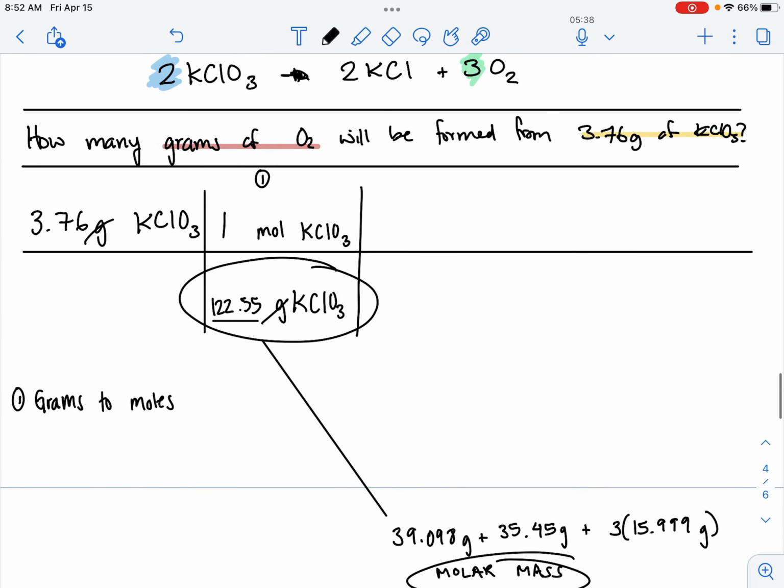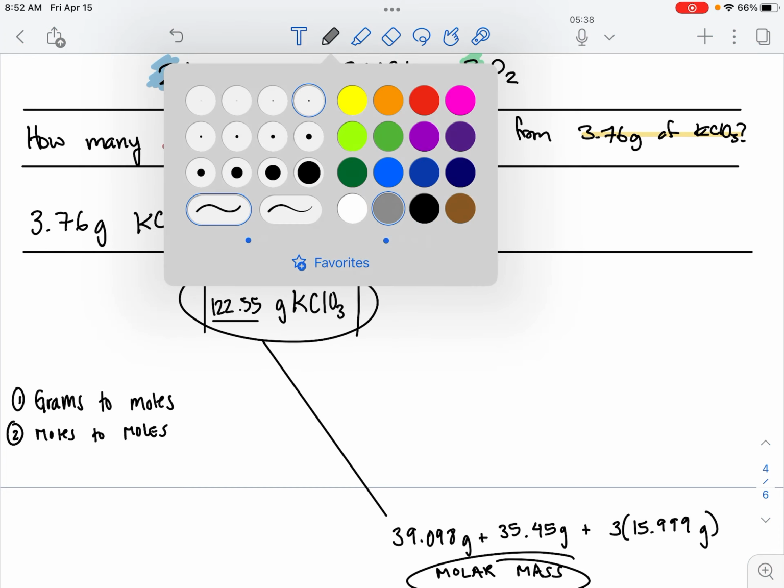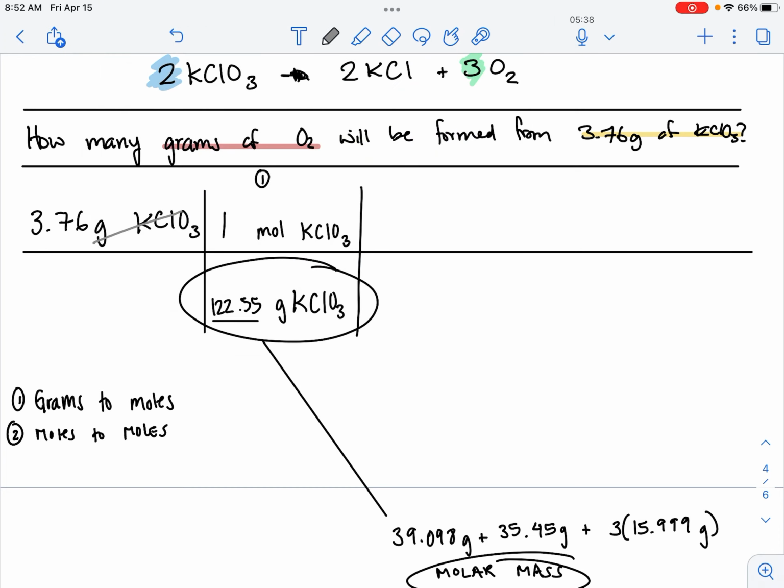If I stopped at this first step, that would be how I convert from grams to moles. My second step is moles to moles, to convert from one substance to another. So I want to convert from KClO3 to O2. Right now the unit that I have is moles of KClO3.